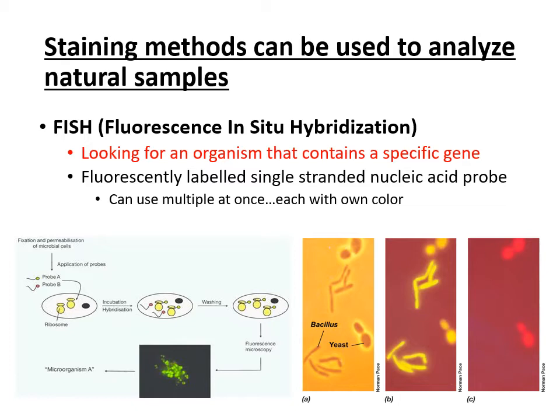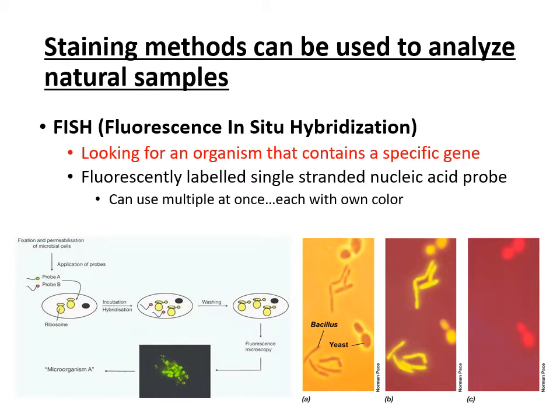So for instance, you can have phase contrast, where you can use prokaryotic probes versus eukaryotic probes. So you can see bacteria versus yeast, because remember, bacteria are prokaryotic, whereas eukaryotic cells include yeast.